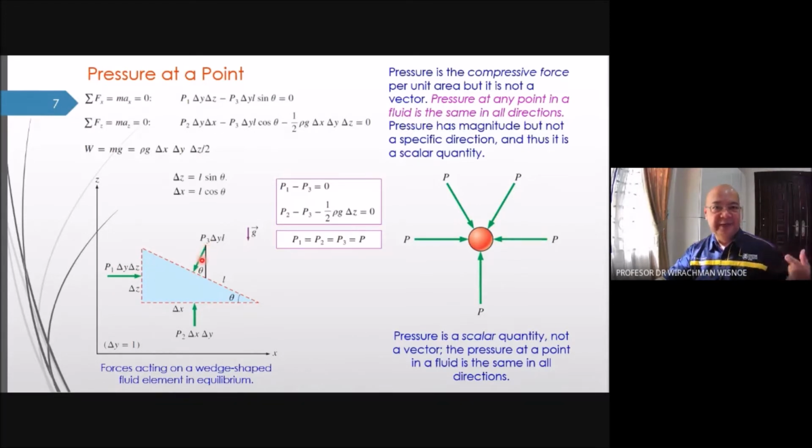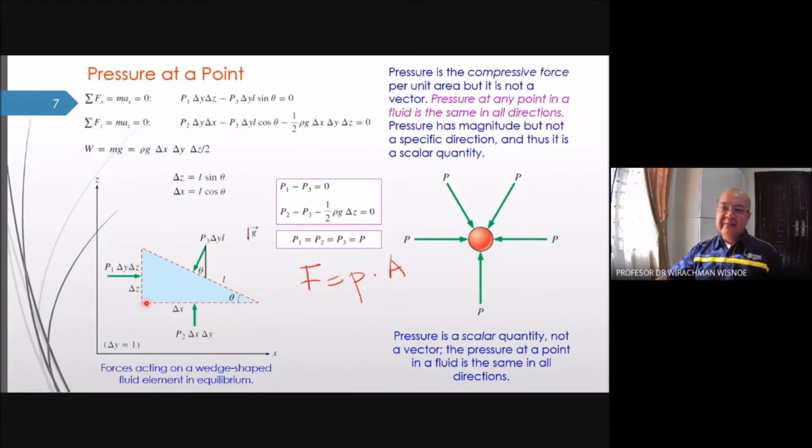You know that the pressure is always perpendicular. So you draw perpendicular, 90 degrees with the surface. This one is 90 degrees with the surface. This one, 90 degrees with the surface. Now, let's calculate the force due to the pressure. We know that the force is pressure times area.